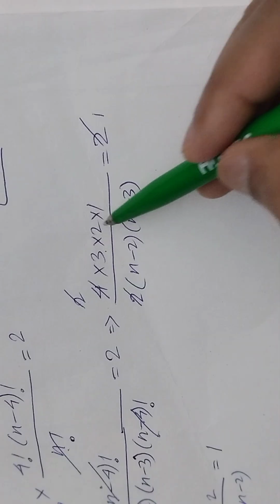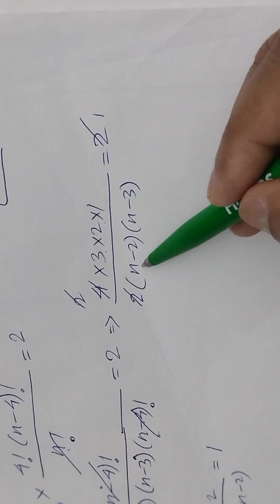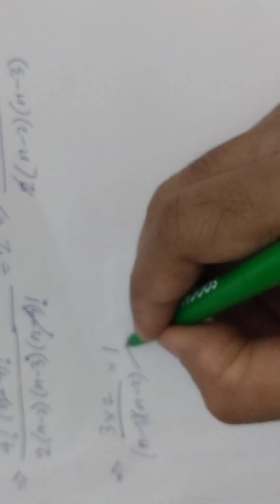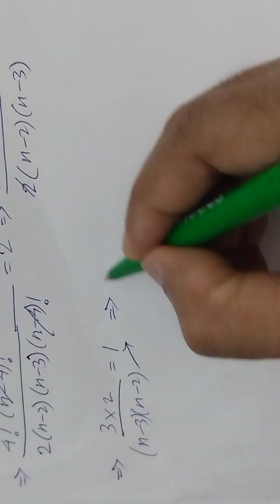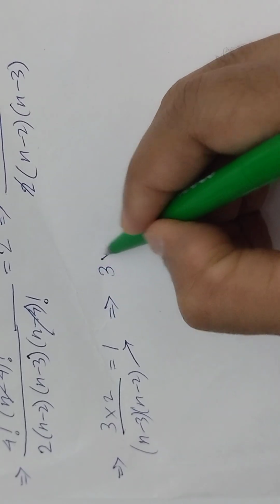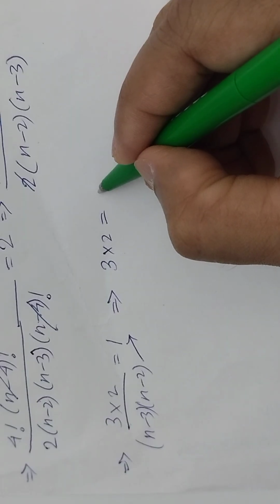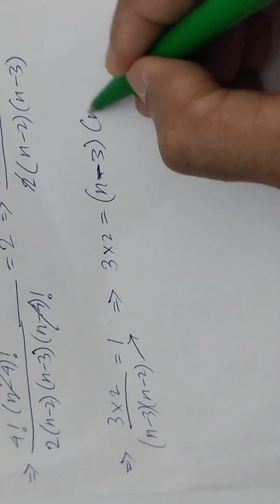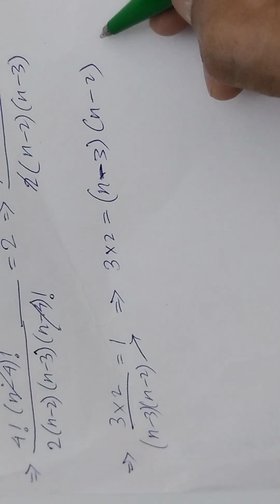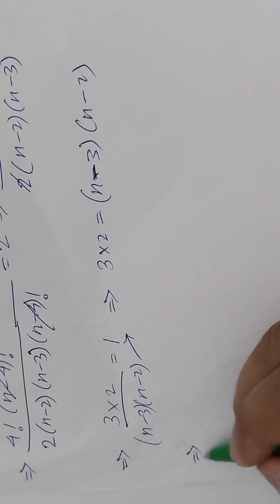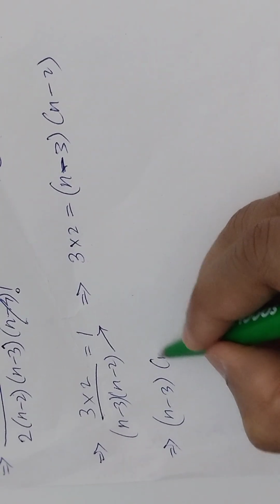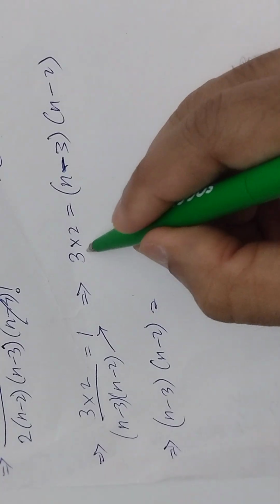On top was 3 into 2 and in the bottom was n minus 2 into n minus 3, which is equal to 1. So we cross multiply and take this to the other side, which makes it 3 into 2 is equal to n minus 3 into n minus 2. We rearrange them and we find n minus 3 into n minus 2 is equal to 3 into 2.